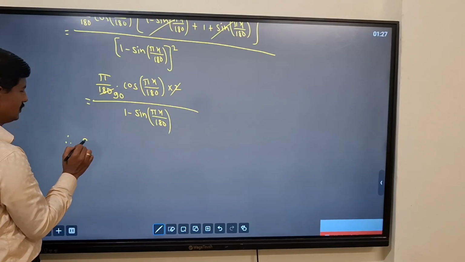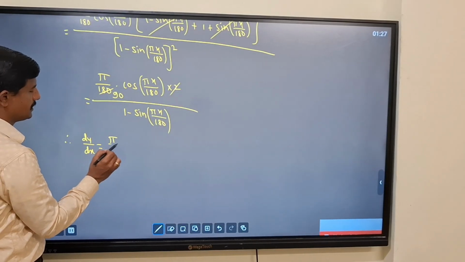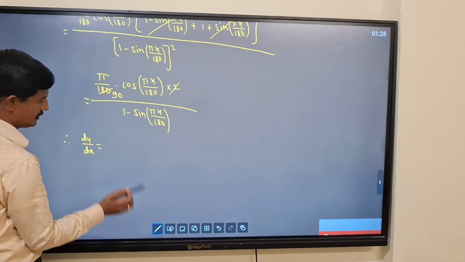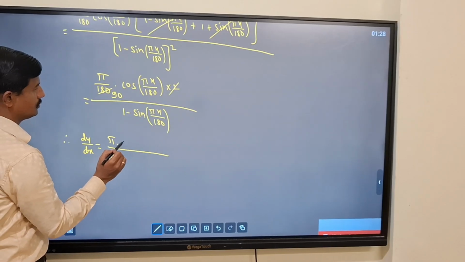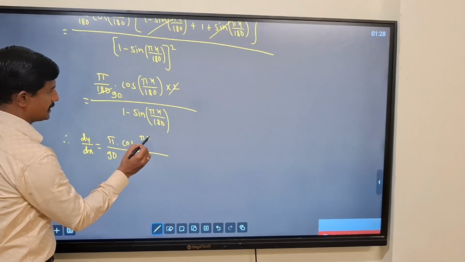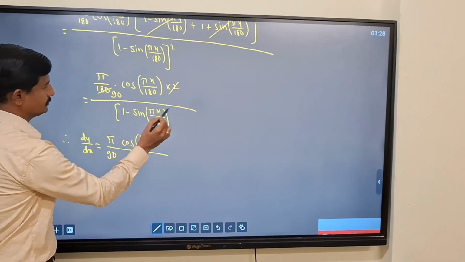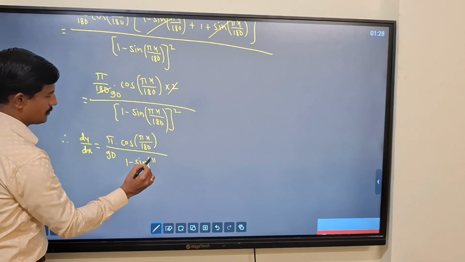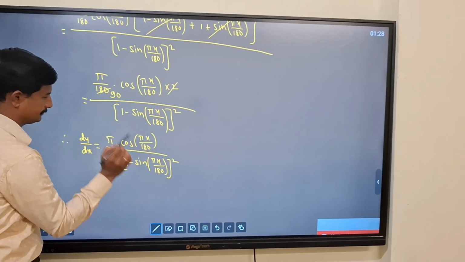So you can write like this: dy by dx is pi by 90 into cos pi x by 180 upon 1 minus sine pi x by 180 whole square.